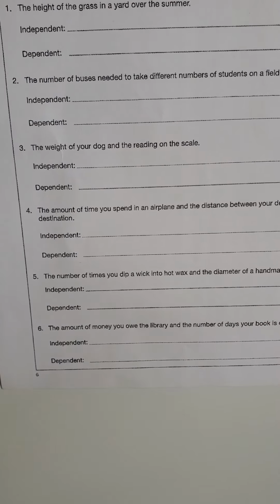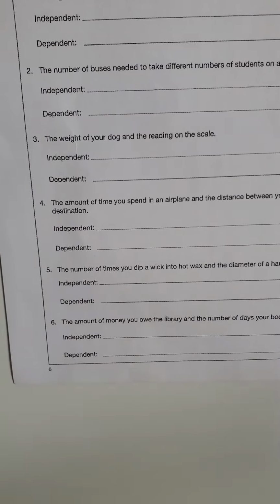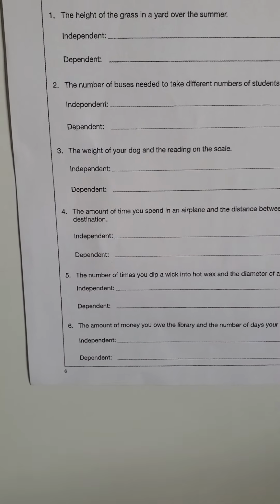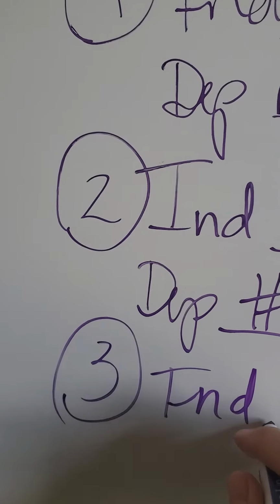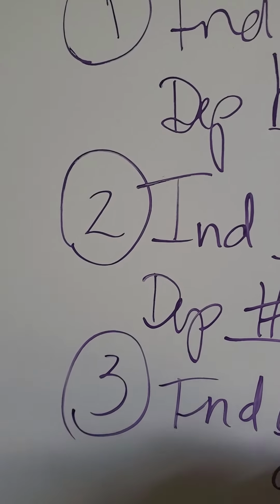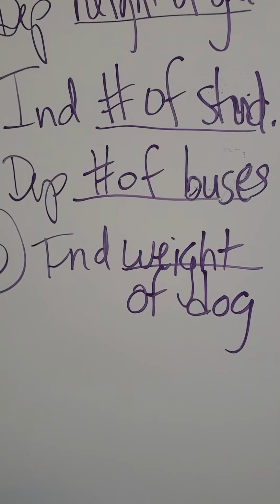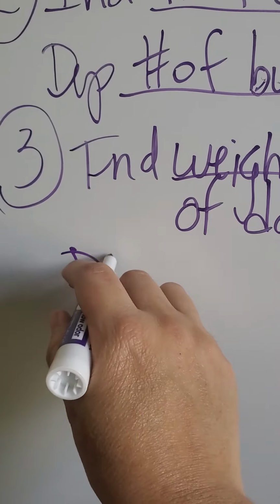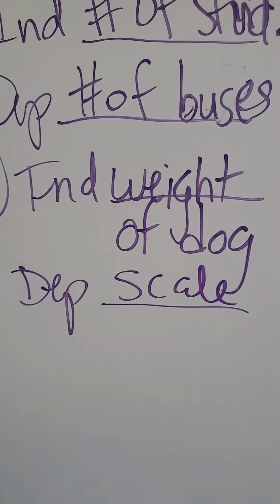I'm going to bring the dog in first. So the weight of your dog is your independent. Independent: weight of dog. And dependent is the scale, whatever it happens to read, right?